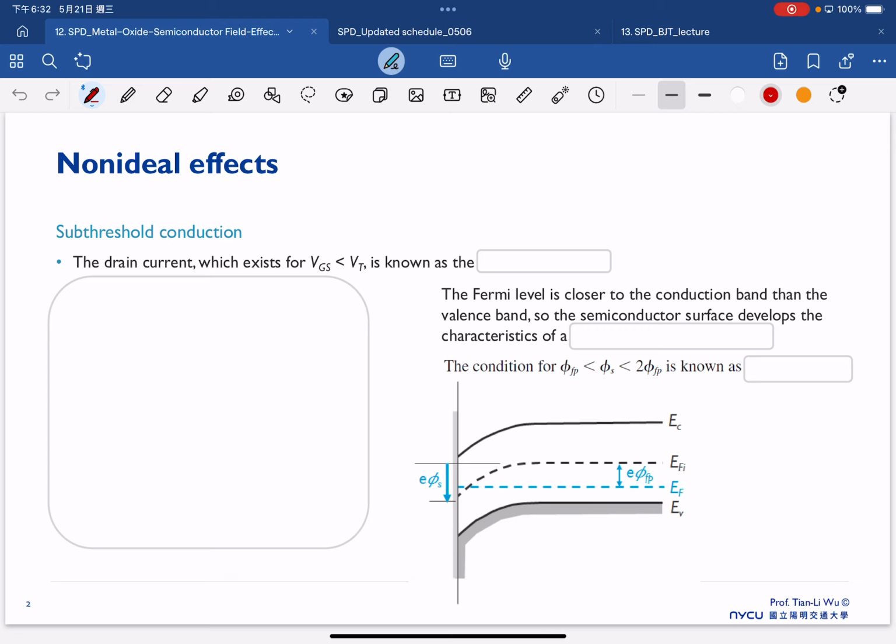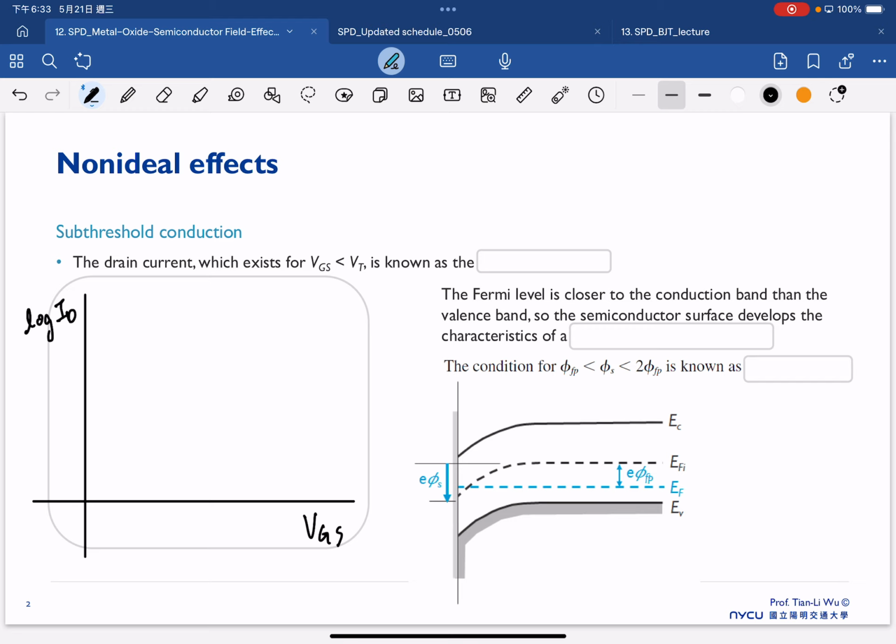However, there is still a chance that even below the threshold voltage, we might still see a small current. So if you try to plot the ID-VG, but now we consider log ID versus VGS here.